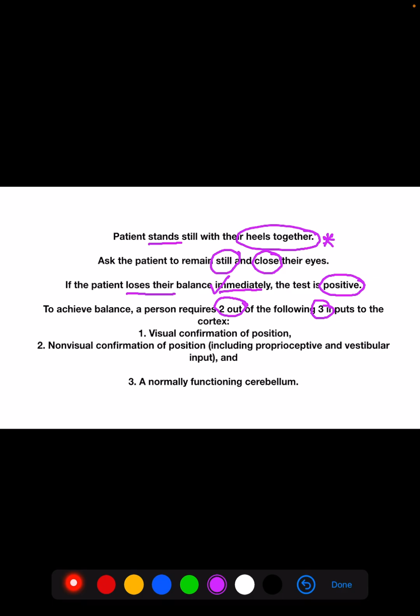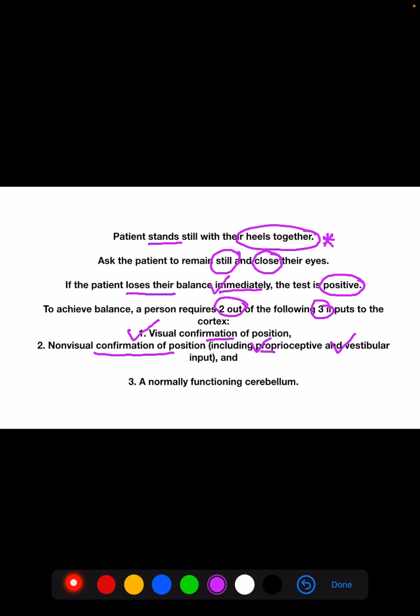Visual confirmation of the position. If a patient's eyes are closed, that can lead to imbalance. To achieve balance, the patient requires visual confirmation, and also non-visual confirmation of the position, including proprioceptive and vestibular input.